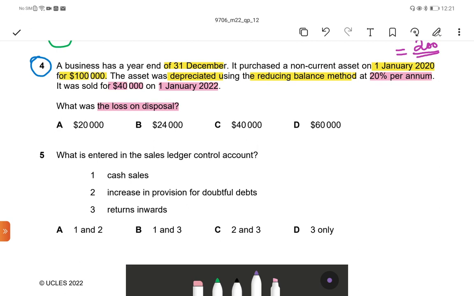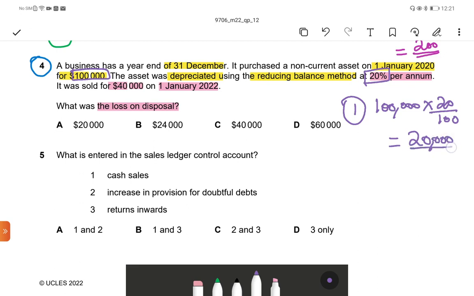First year depreciation: the cost is 100,000, so 100,000 multiplied by 20 divided by 100 is equal to 20,000, the first year depreciation.